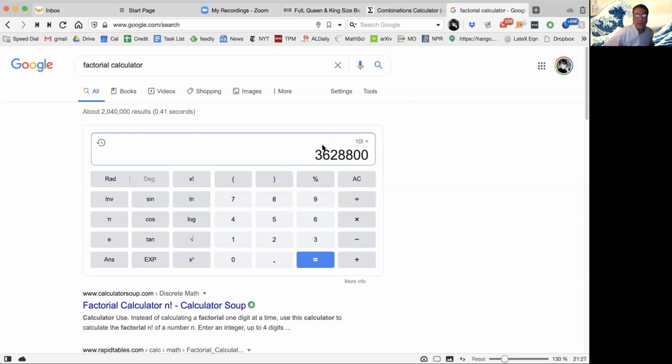I actually use Google. Google has its built-in calculator. We can compute factorials with it. I just put in 10 factorial and I get 3,628,800 for the answer. So you can just do it with Google. But when we do more complicated things, we have to use some other URL to do that.